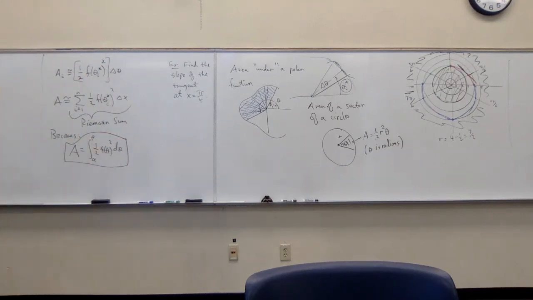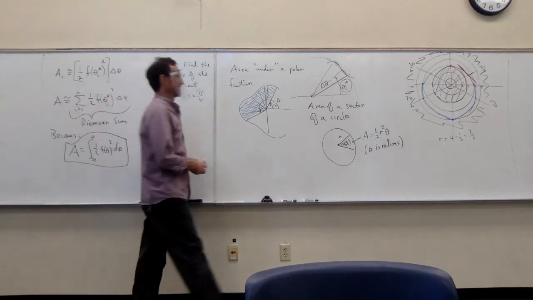So whether you believe in Riemann sums or not, whether you remember the first thing about them or remember everything about them, here's a formula. You can use a formula no matter what. There it is. All right.